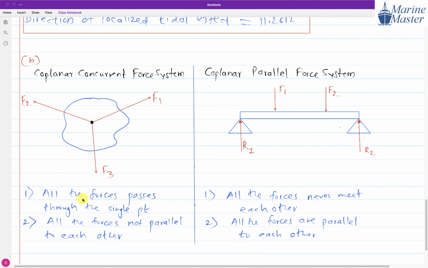In coplanar concurrent, all forces pass through a single point, but here these forces are not parallel to each other, and they will meet at this point. Same plane, same point. Here, same plane, but parallel to each other. So this is a coplanar parallel force system, and this is a coplanar concurrent force system.